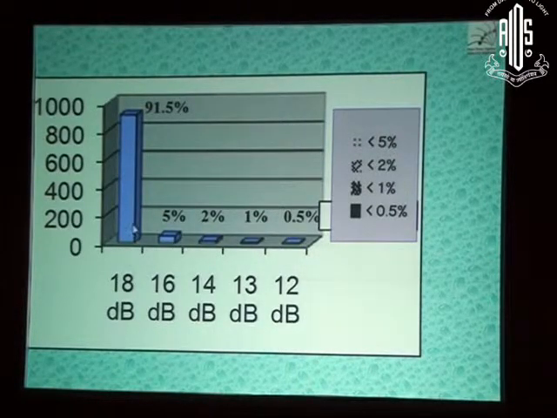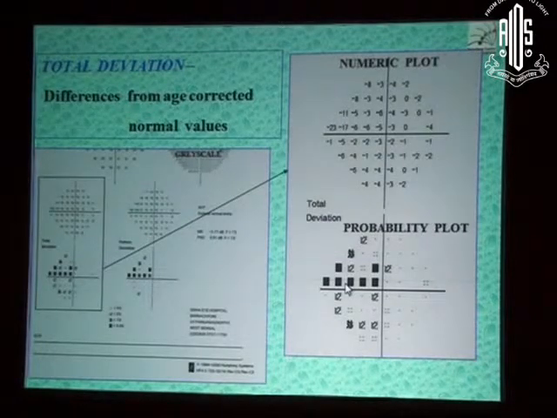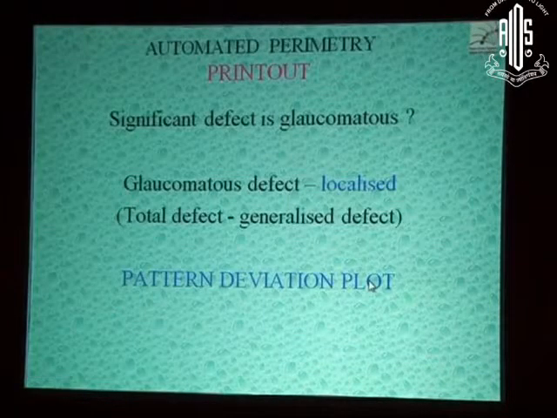If an area's sensitivity value should be 18, 91.5% may show that sensitivity as 18. 0.5%, meaning 5 out of 1,000, show that sensitivity area as about 12. So if you get a sensitivity of 12 in this area, that will be more significant than 16. So the shaded symbol indicates, in both the numeric and the probability plot, the statistical significance.